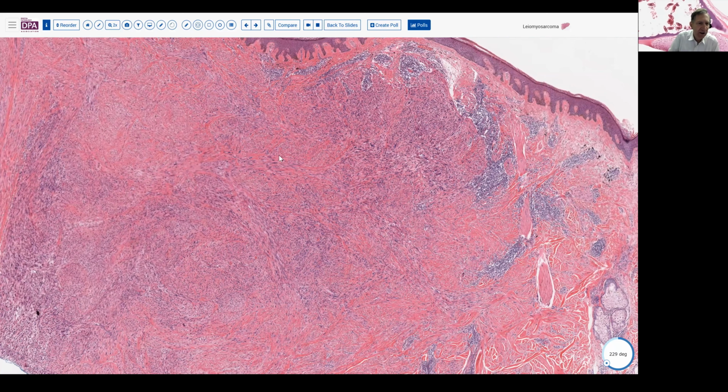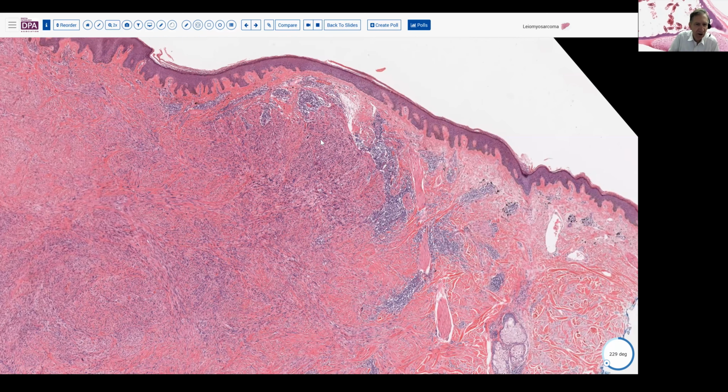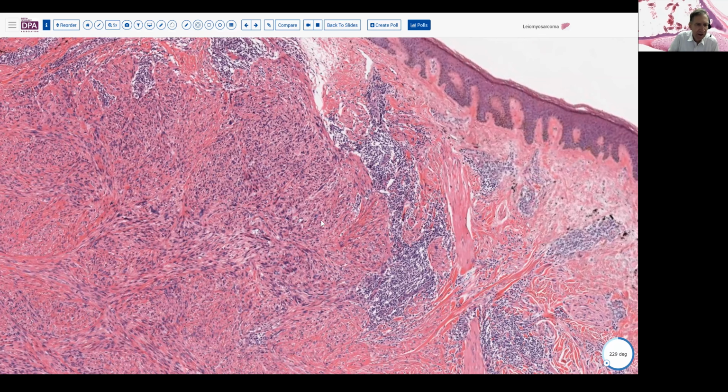Now, the other feature that's helpful here is this cuff of lymphocytes. That is not infrequently seen in these neoplasms as a part of the response to the tumor, and can be fairly helpful, I think, in the cutaneous neoplasms.